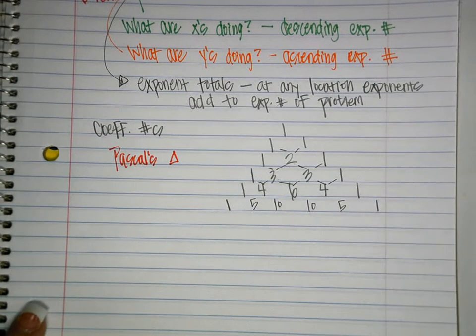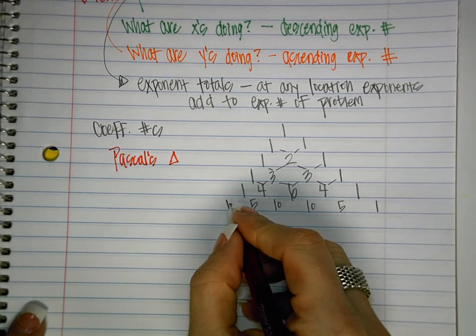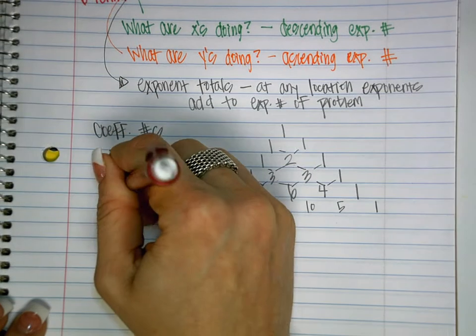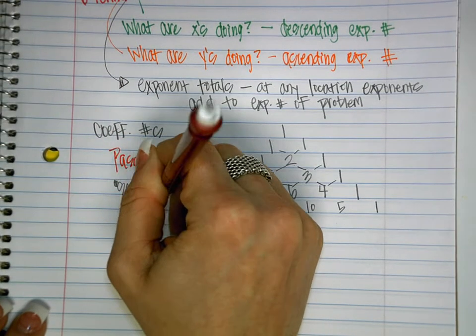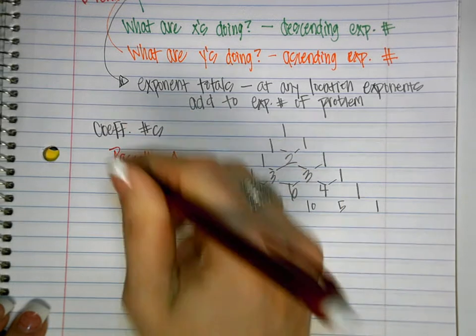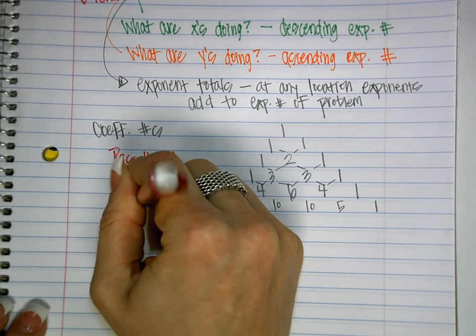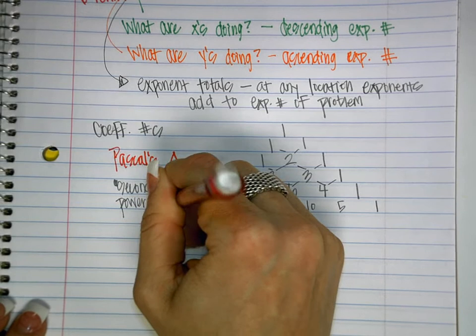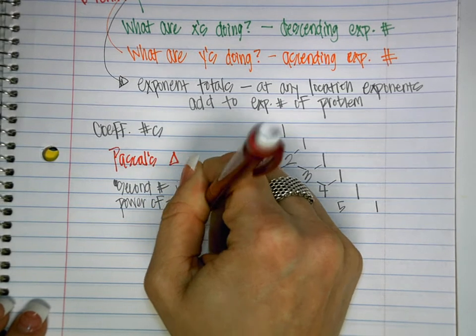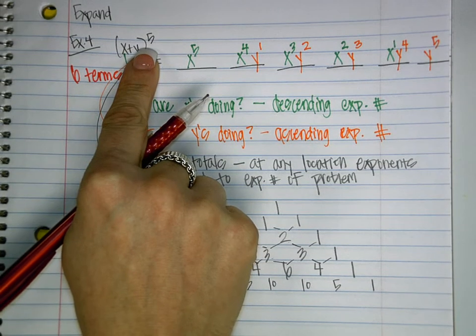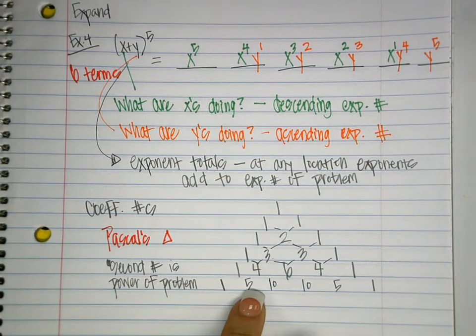So you can take these numbers, whatever number you're on. If you look at Pascal's triangle, the second number is always the power of the problem. So if I know I have a power of 5, I know that the Pascal's triangle numbers that correspond are the ones that have 5 in the second position.